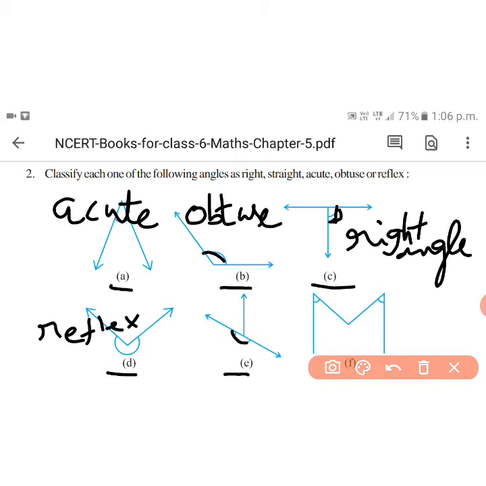So this is a straight angle. F part. Here both the angles are less than right angles. So they are acute angles.